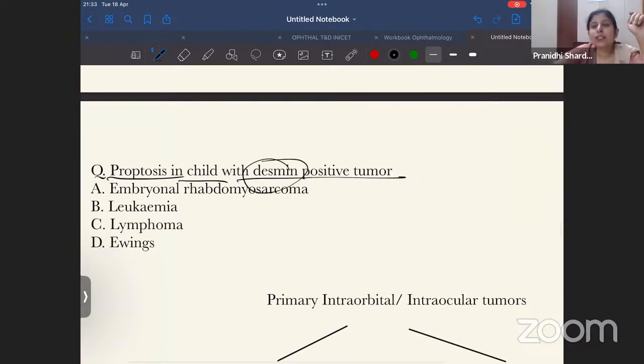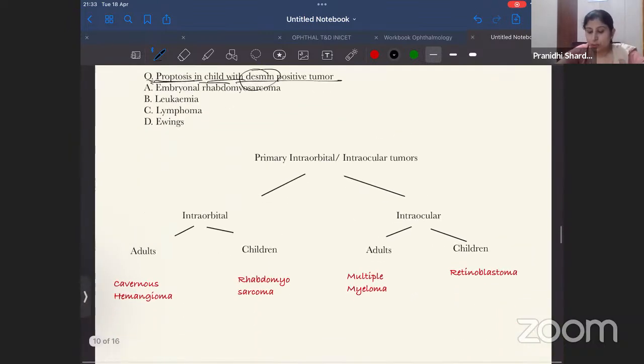Now desmin we study in pathology also. Desmin is an indicator of the growth or striations of the muscles. Whenever there is muscular pathology seen in the connective tissue, it comes out to be desmin positive. So this is a desmin positive tumor with proptosis in a child. Even if we do not know the pathology part, we know this flow chart.